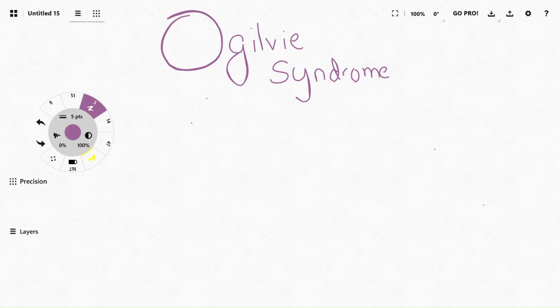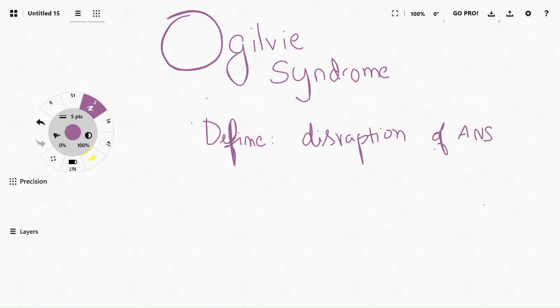So what is Ogilvie syndrome? If we need to define Ogilvie syndrome, it would be a disruption of ANS control of colonic motor function, right?